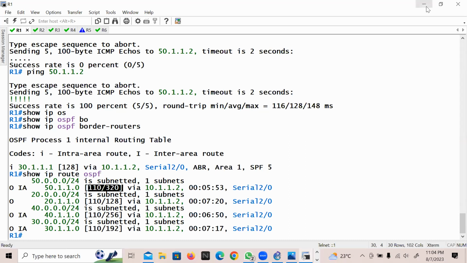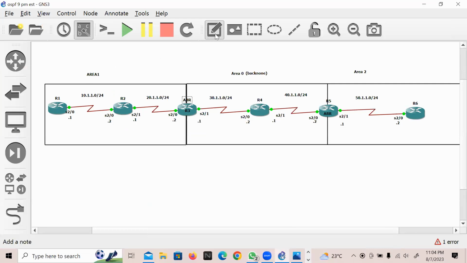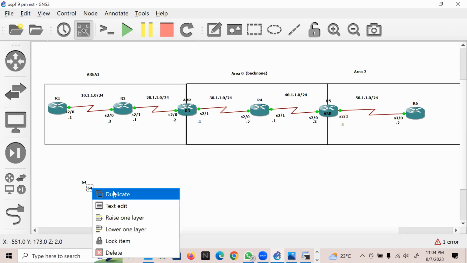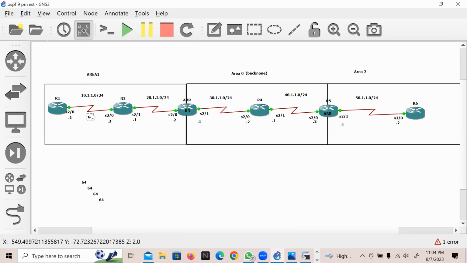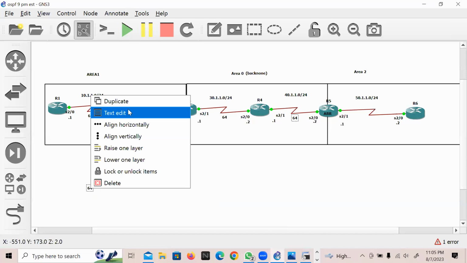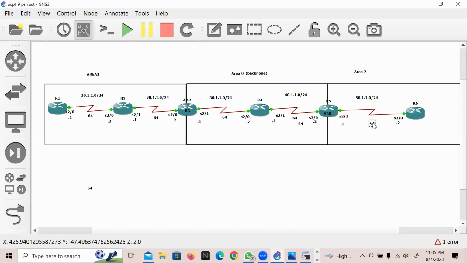You know what this is? Every serial link has a cost of 64. This is the cost of a serial link.